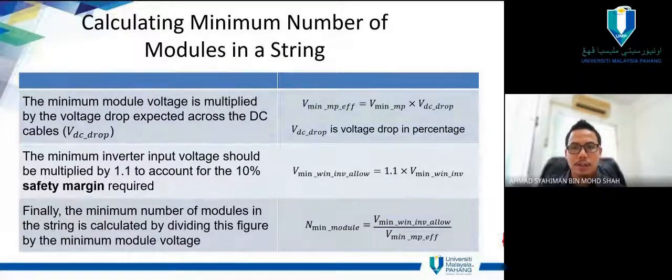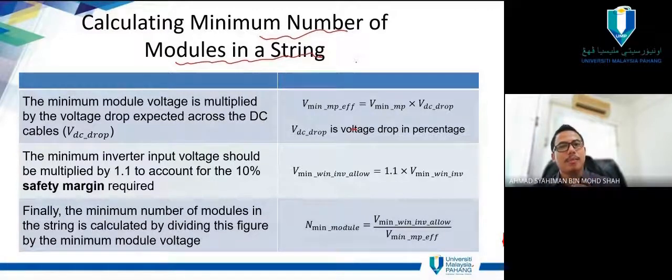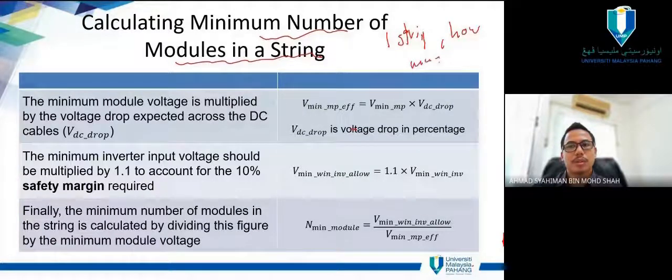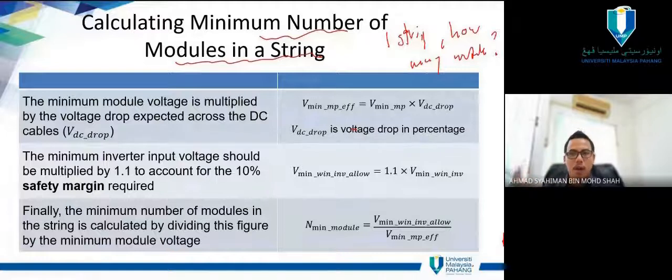Kenapa voltage tu kita penting? Kenapa kita pentingkan minimum number of modules in string? We want to calculate the minimum number of modules in a string. Satu string tu, one string, how many modules?